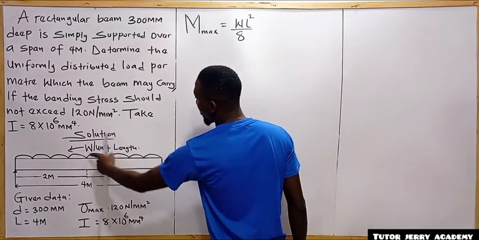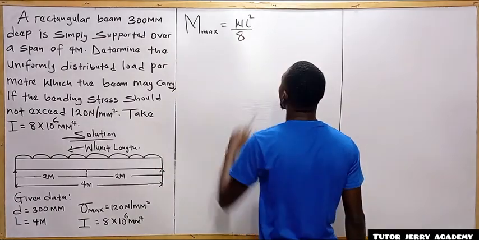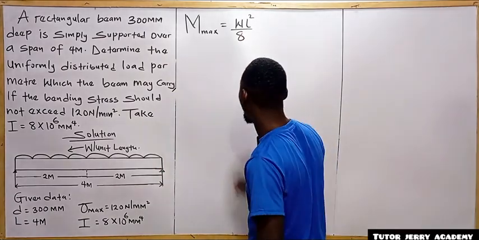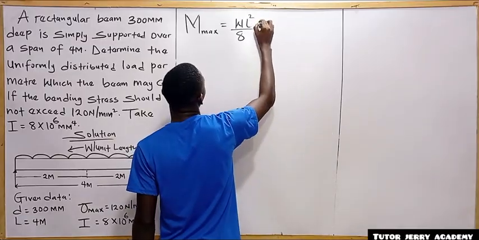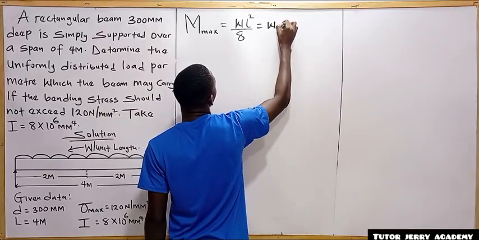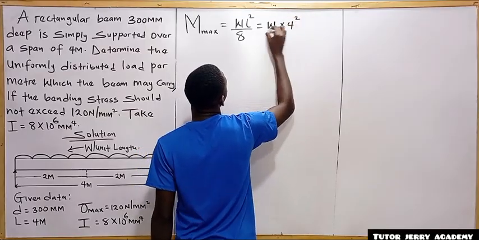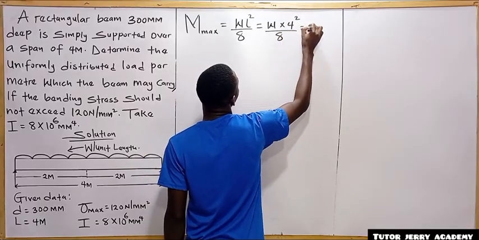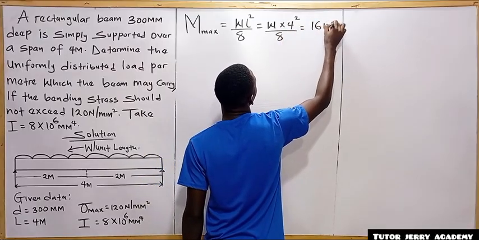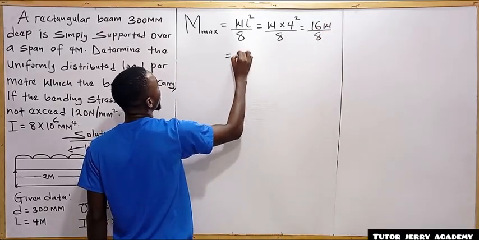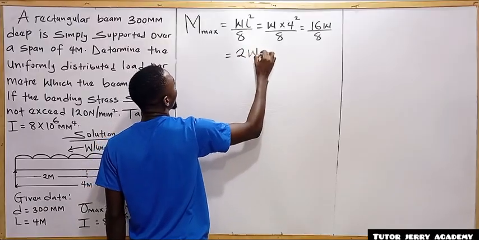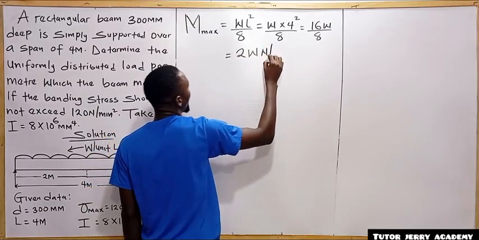Since it is W we want to calculate, we'll just leave this W there, and then we'll substitute for our length. Our length is 4, so we are going to have W times 4 square divided by 8, which is 16 W divided by 8, which is going to give us what? 2 W, but it's going to be Newton per what?